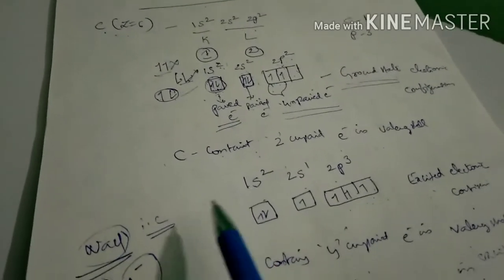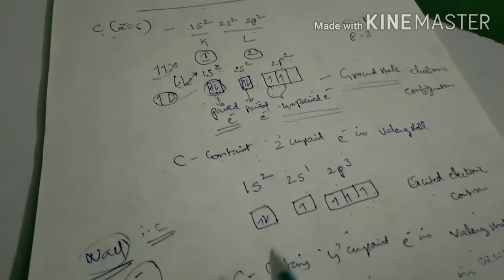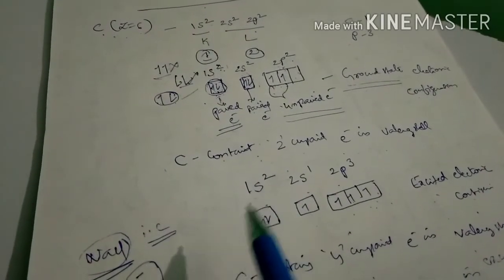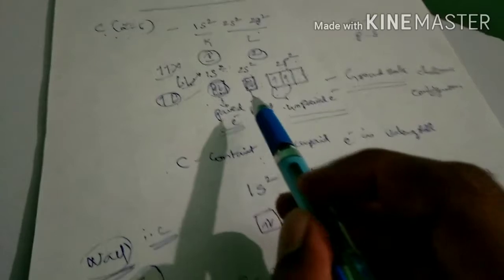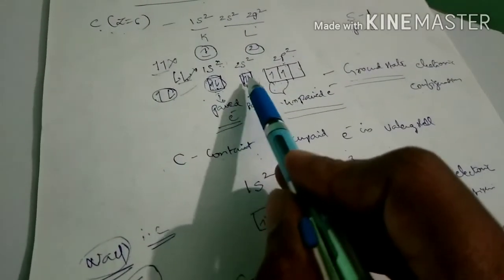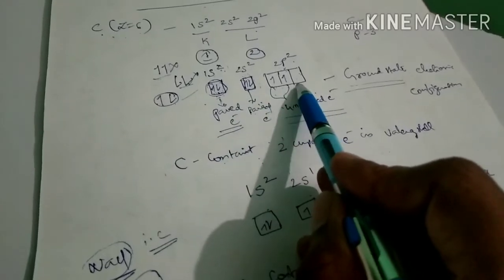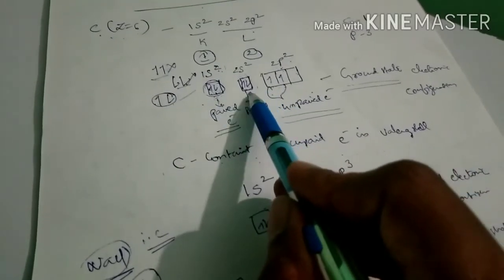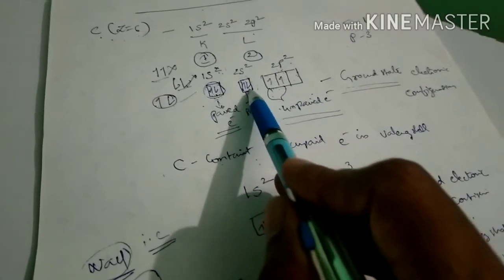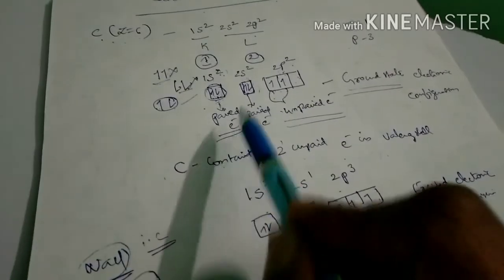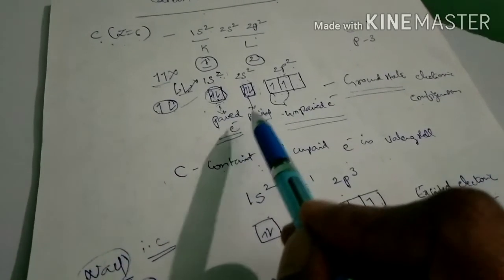Next, when we apply some energy to the carbon atom, the carbon atom gains that energy. Because of that energy, the paired electrons present in the 2s subshell can jump into the 2p subshell. That means one of the paired electrons, not two electrons. Listen carefully.